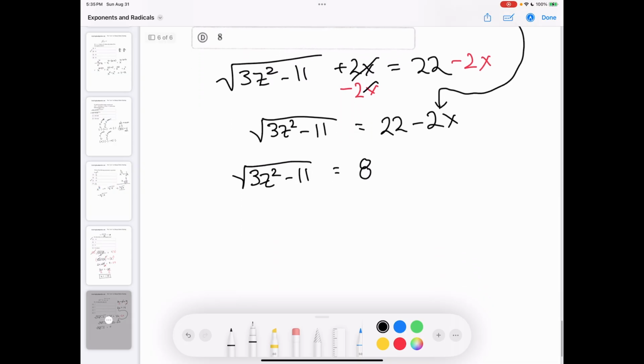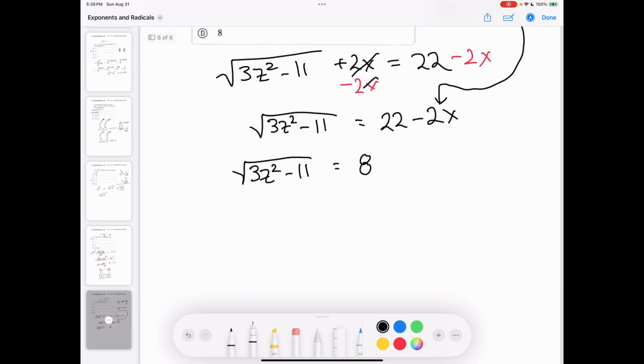And just like the previous exercise, I want to get rid of the square root, so I'm going to square both sides. That gets rid of the square root on the left, and I have 3z squared minus 11 equals 8 squared, which is 8 times 8, which is 64.